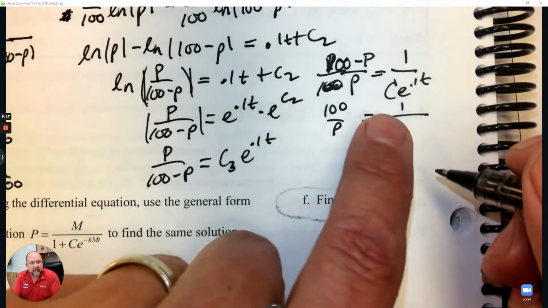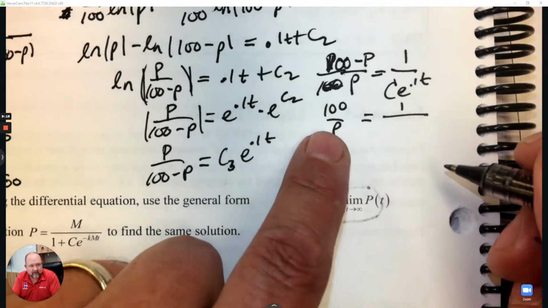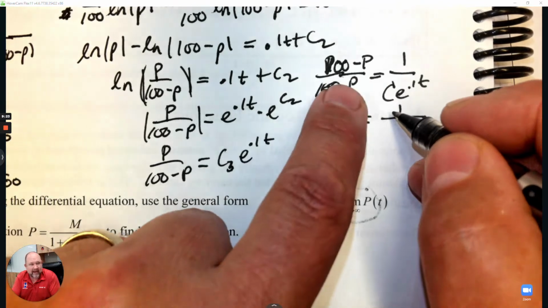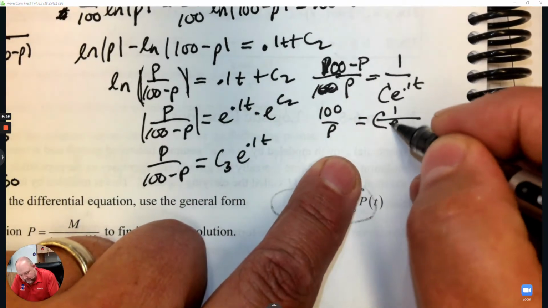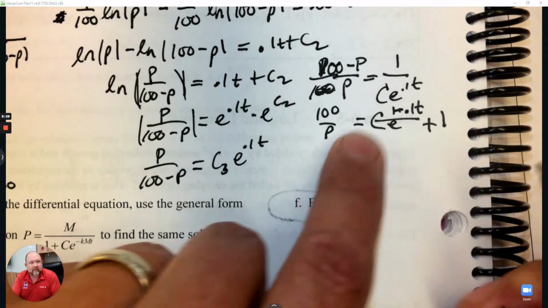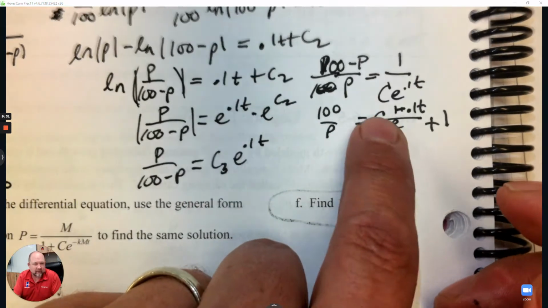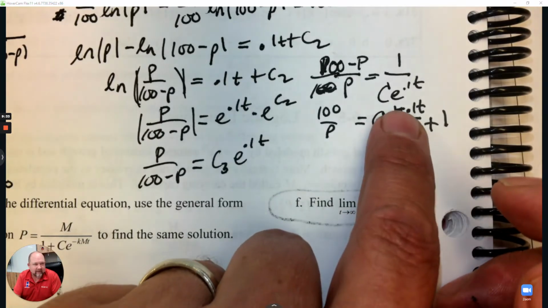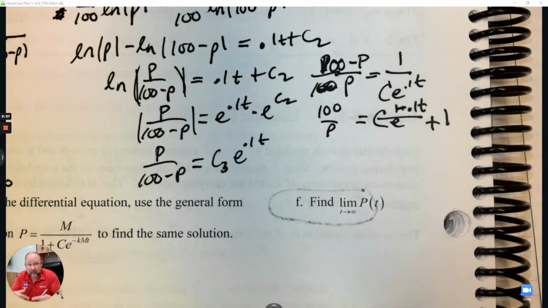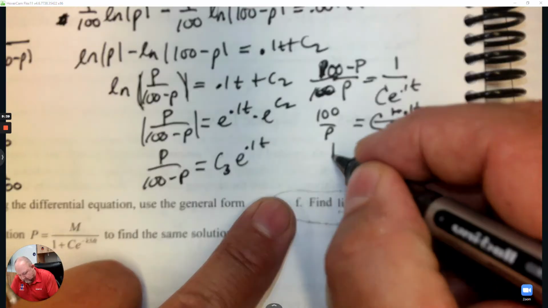Now P divided by P is 1, but I'm going to add it to the other side. And honestly, I can write this with a negative exponent. That'd be easier. So if I add it to the other side, I have C e to the negative 0.1 t plus 1. So there's no fraction there. C e negative 0.1 t. So it's not a fraction, because at this step, we are going to do the reciprocal again.